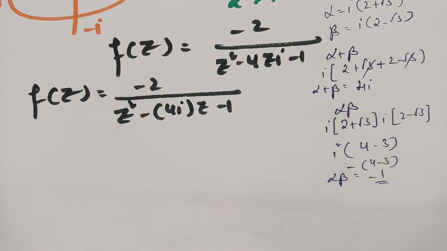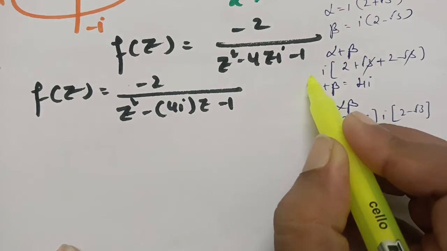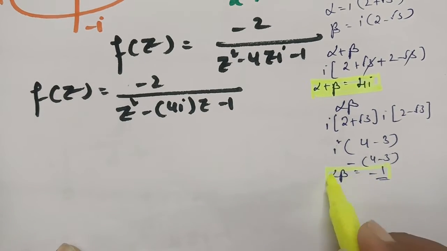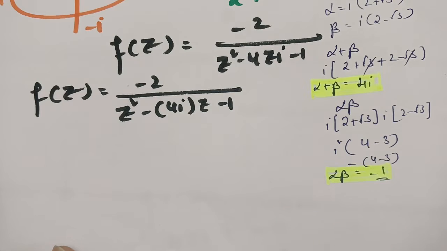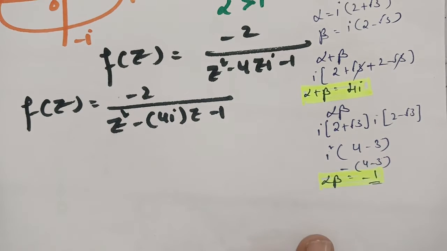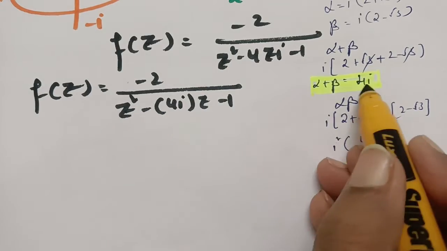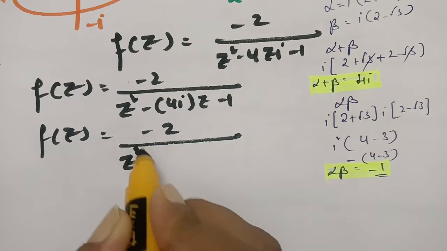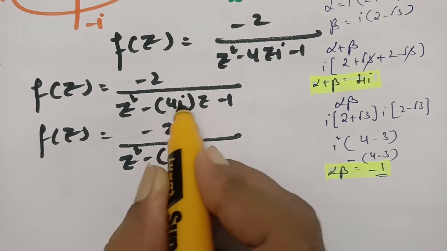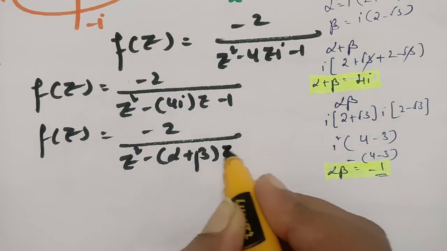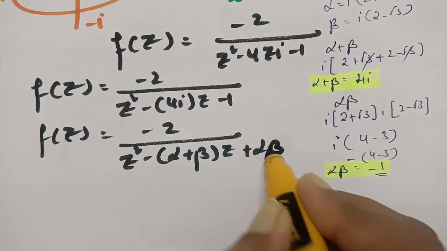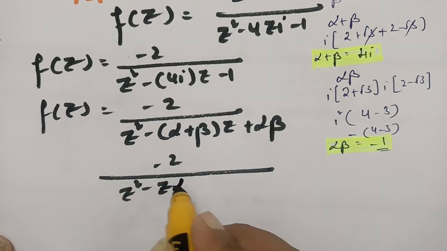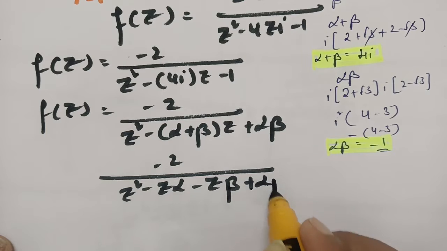And therefore, see, alpha plus beta value is 4i, clear? And alpha beta value is minus 1. So I can write alpha plus beta in place of 4i, and alpha beta in place of minus 1. So f of z value is equal to minus 2 by z square minus alpha plus beta times z, plus alpha beta. Clear? So this will be minus 2 by z square minus z alpha minus z beta plus alpha beta.